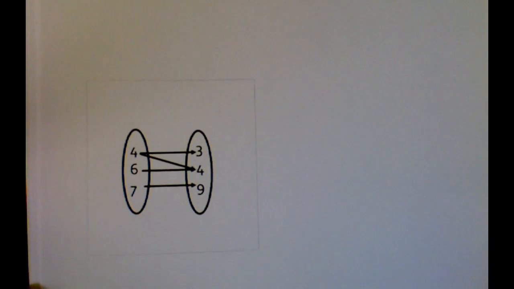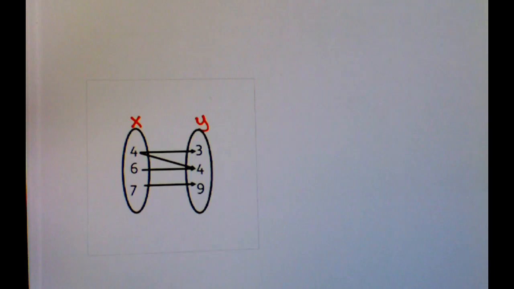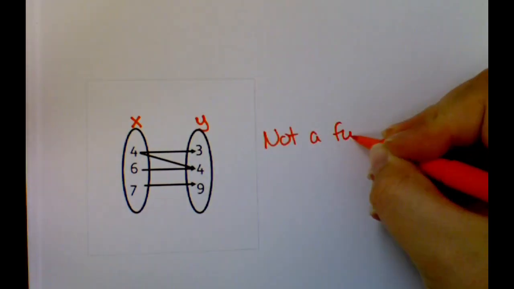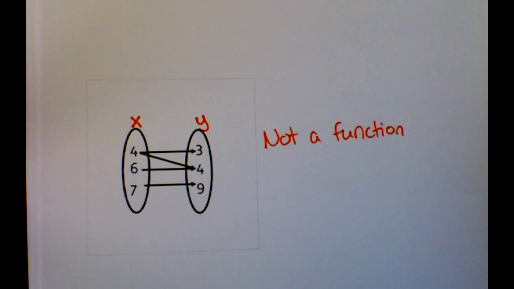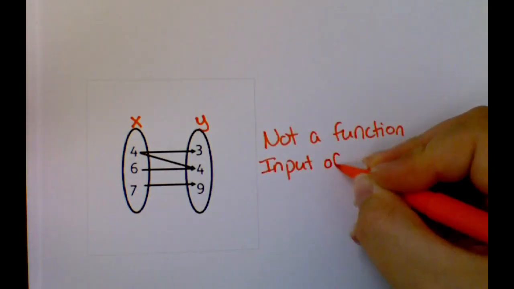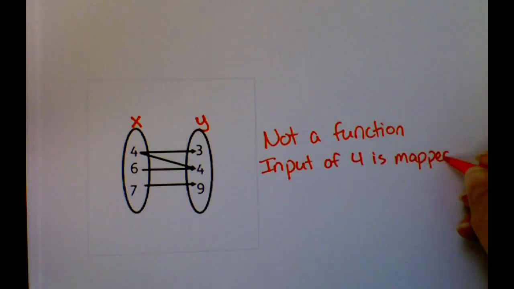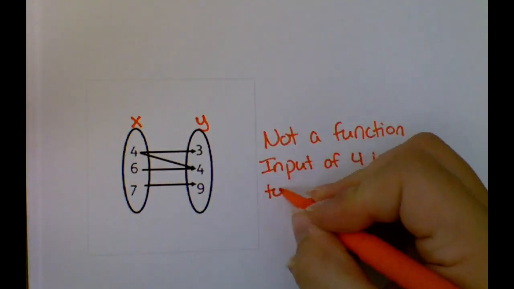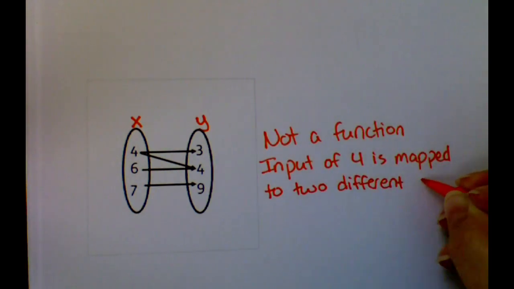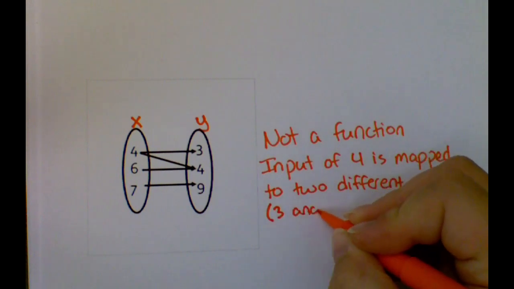Our second one here is an image. The first set is our x values, the second set is our y values. This one is not a function because the input of 4 is mapped to two different outputs, specifically 3 and 4.